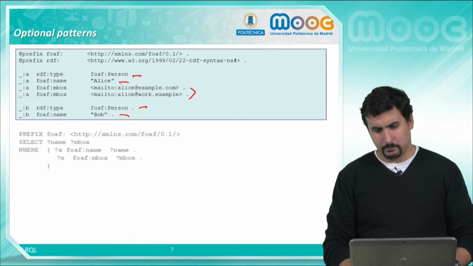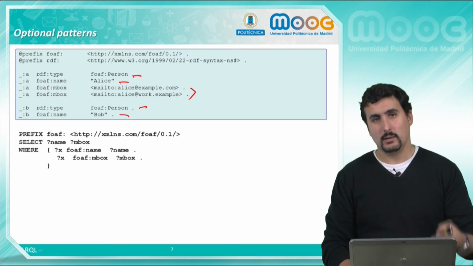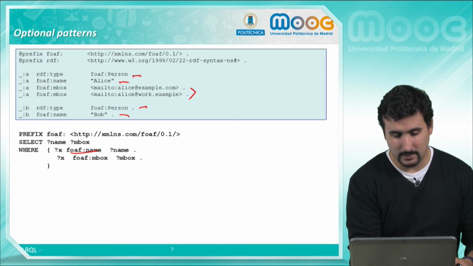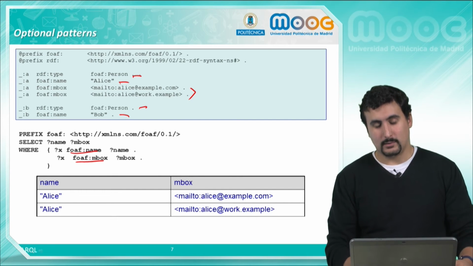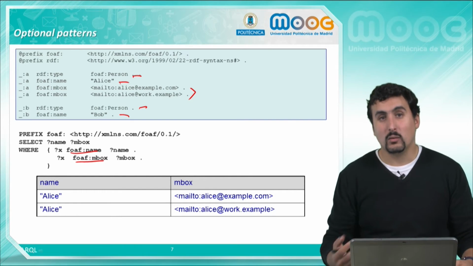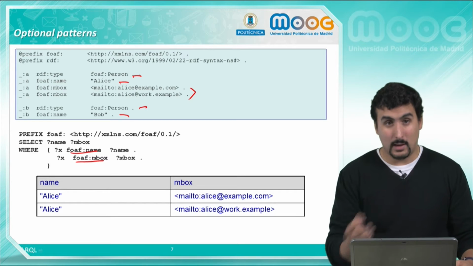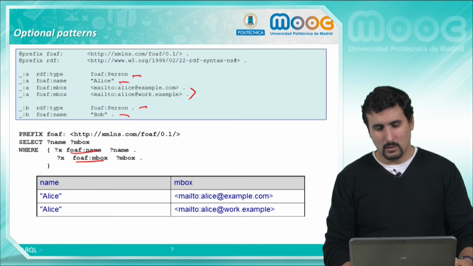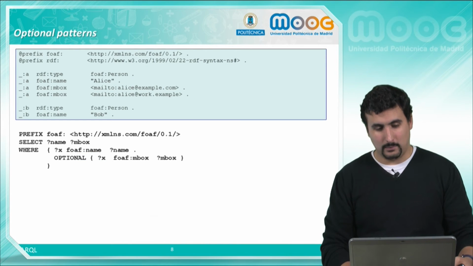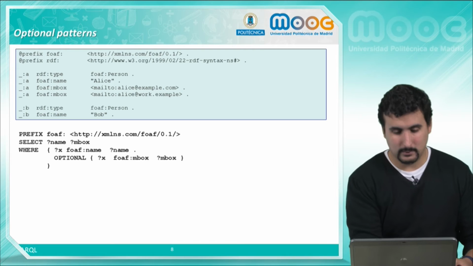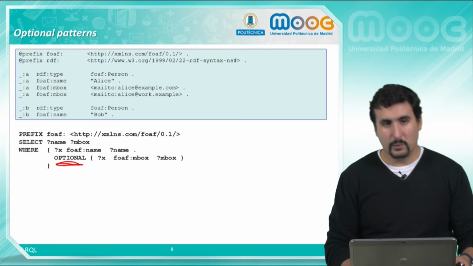So if we execute this query asking for both the name and the mailbox, as we saw before, what we are getting is only Alice, because it's the only individual that has a name and a mailbox. But if we say that the second part, that the mailbox is optional, as we are denoting here, we will obtain both.